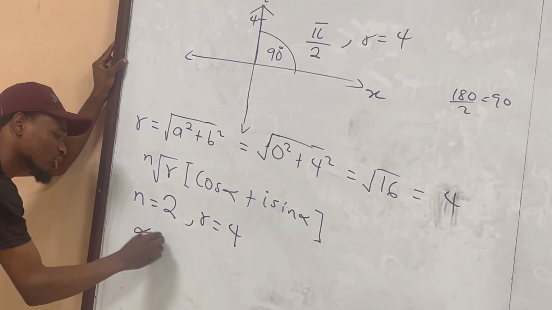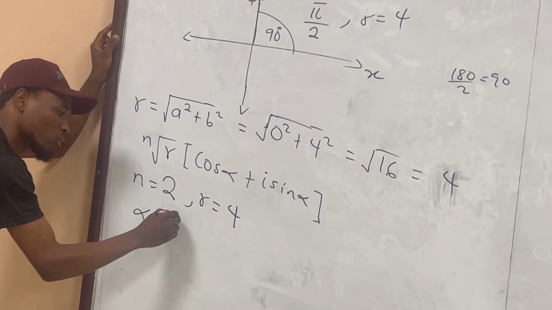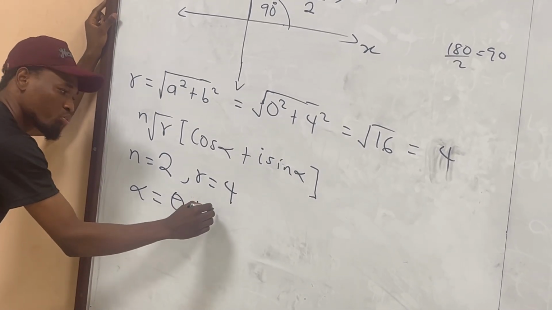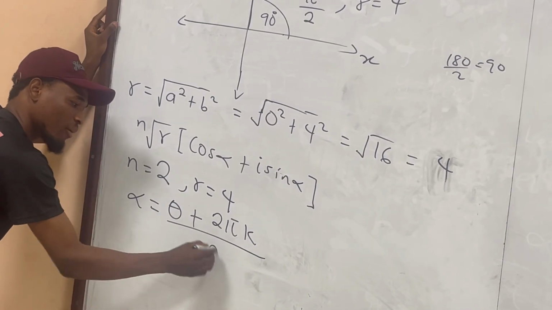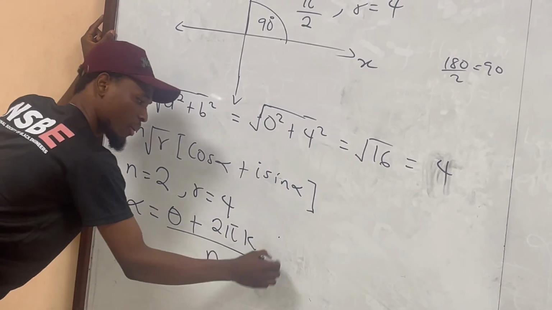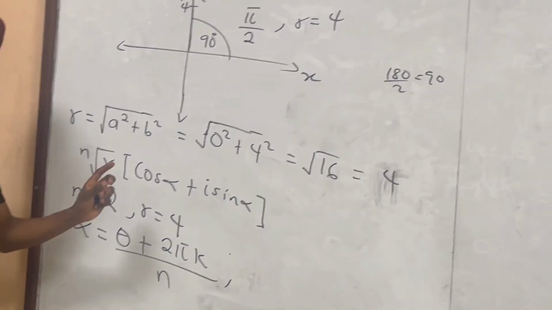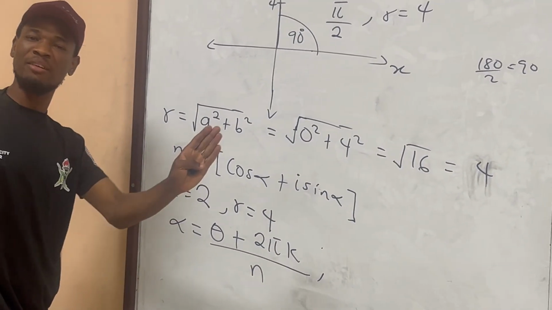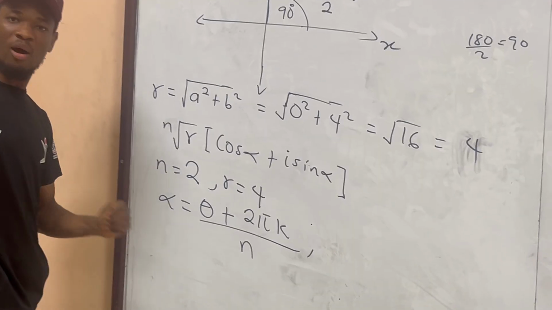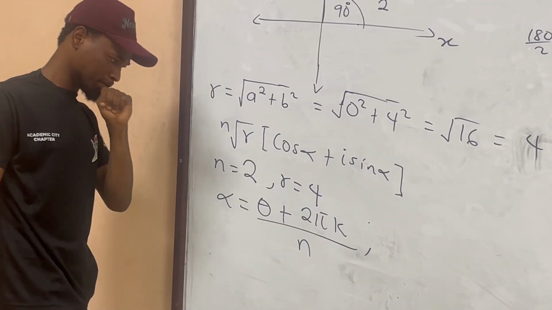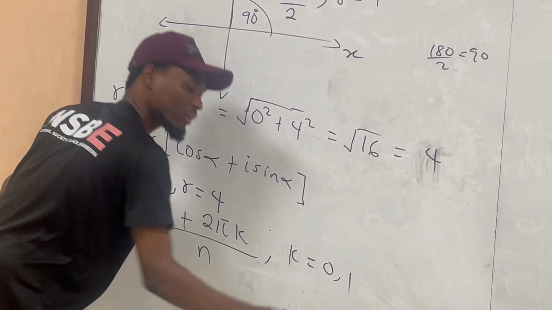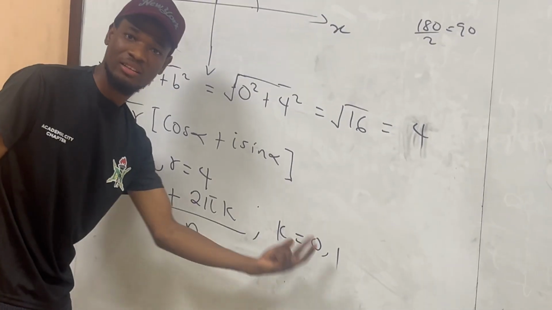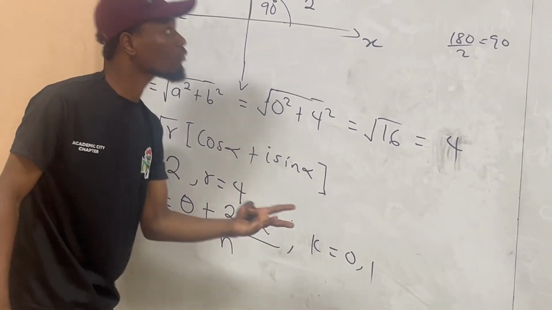We know that alpha is equal to theta plus 2 pi k, over n, where k ranges from 0, 1, 2, up to n minus 1, the number of roots. So where k ranges from 0 and 1: two distinct roots called square roots.